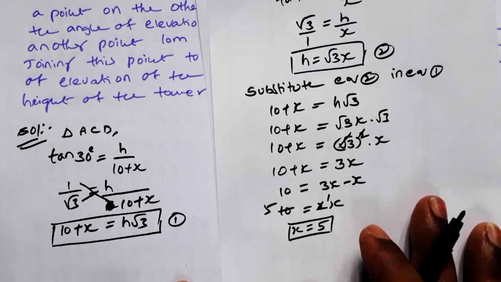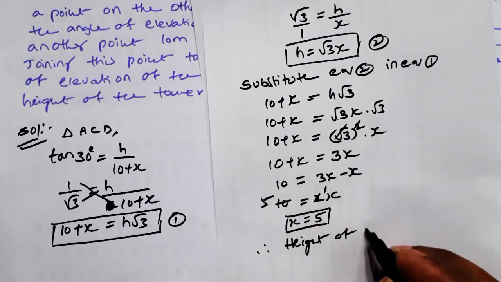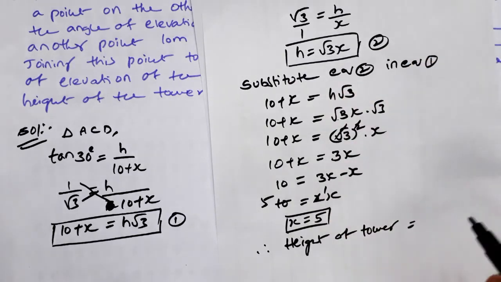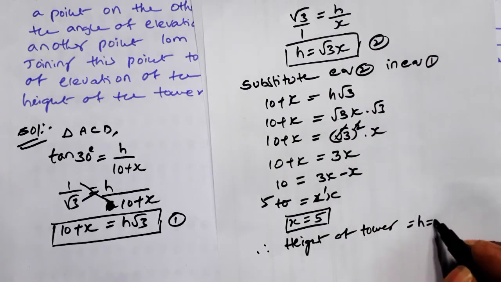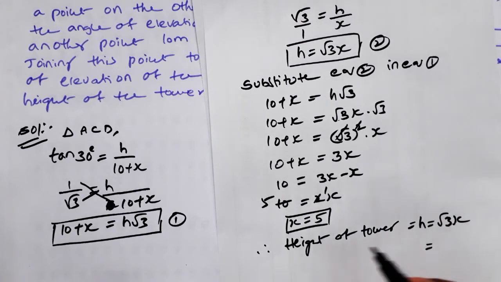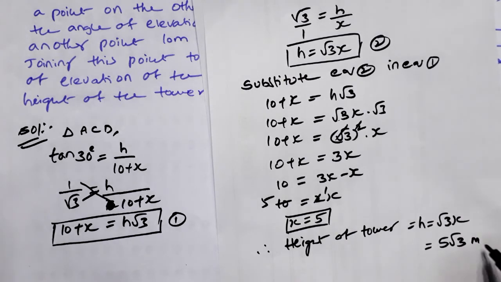So we can write now, therefore height of tower equals, what is the height? H, that equals root 3x. So what is the x answer here? 5. So 5 root 3 meters. That's it. This is the height of the tower.